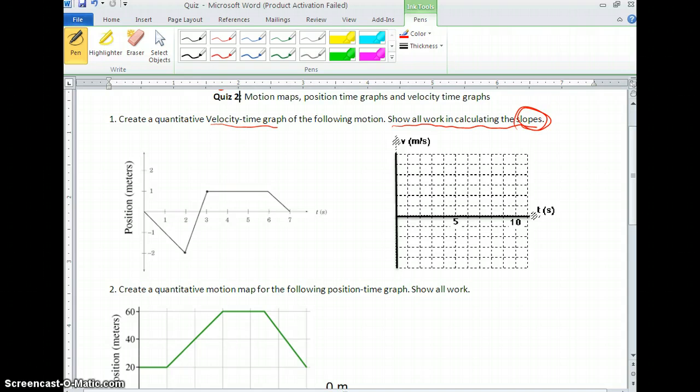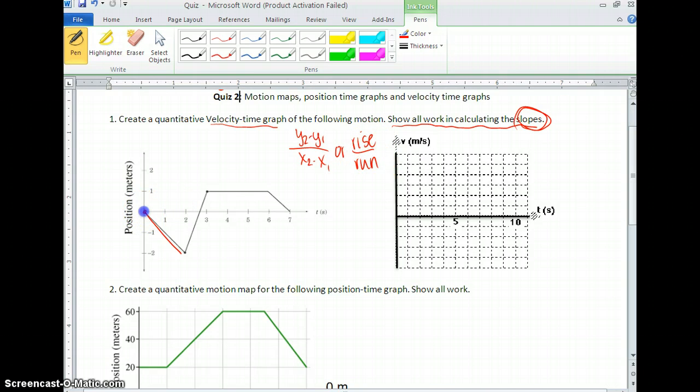First thing I want to know, if I'm looking at the slope of this particular line right here, how do I find slope? We can find slope as y2 minus y1 over x2 minus x1, or we can look at slope as rise over run. In this case, let's look at rise over run.